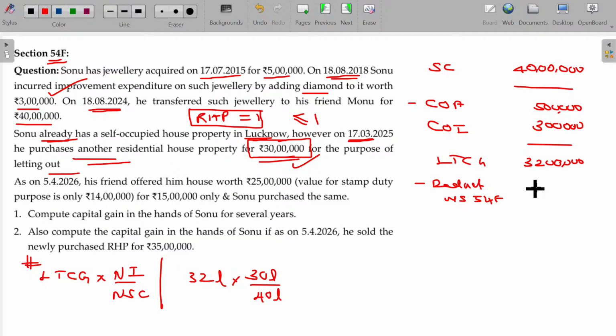Come on, tell me the value. 24 lakhs can be deductible. 8 lakhs will be the taxable long-term capital gain.